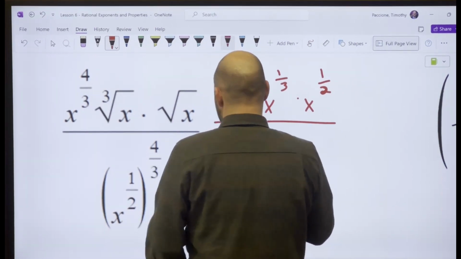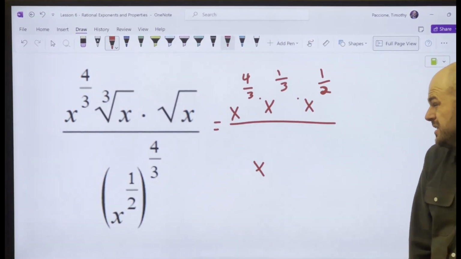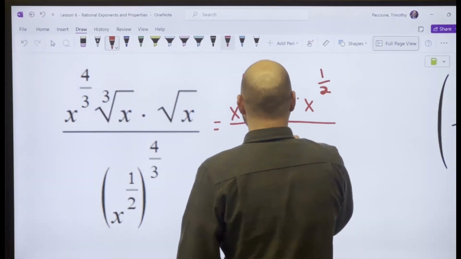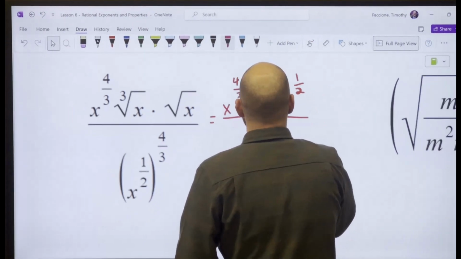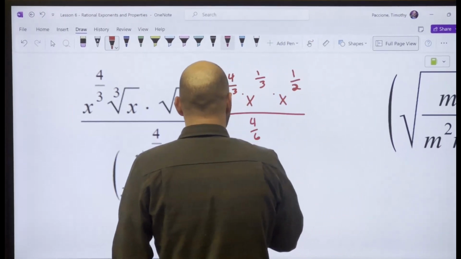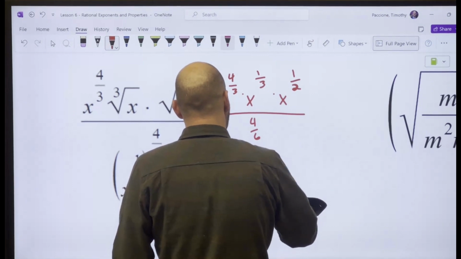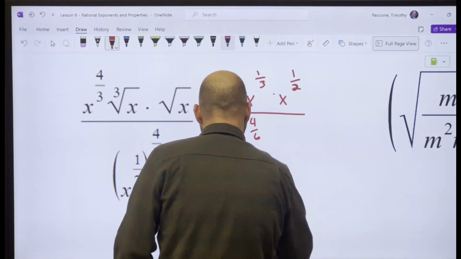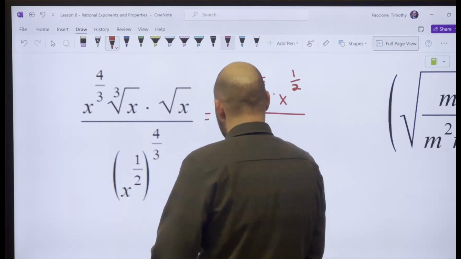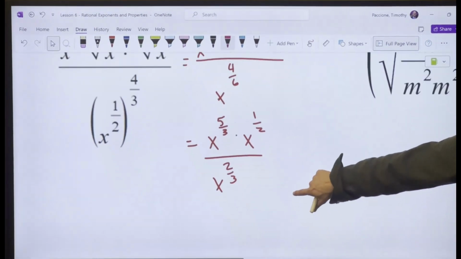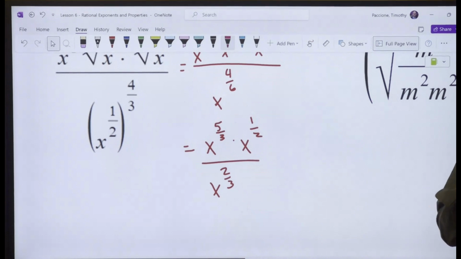over, and then I'll just do this part, right? This is x to the 4/6. Okay, let's clean this up a little bit. x to the 5/3 times x to the 1/2 over x to the 2/3. Now, normally I'd clean up the top, then go up and down. But I notice I got 5/3 on the top, 2/3 on the bottom, and those will subtract fairly easily, right?